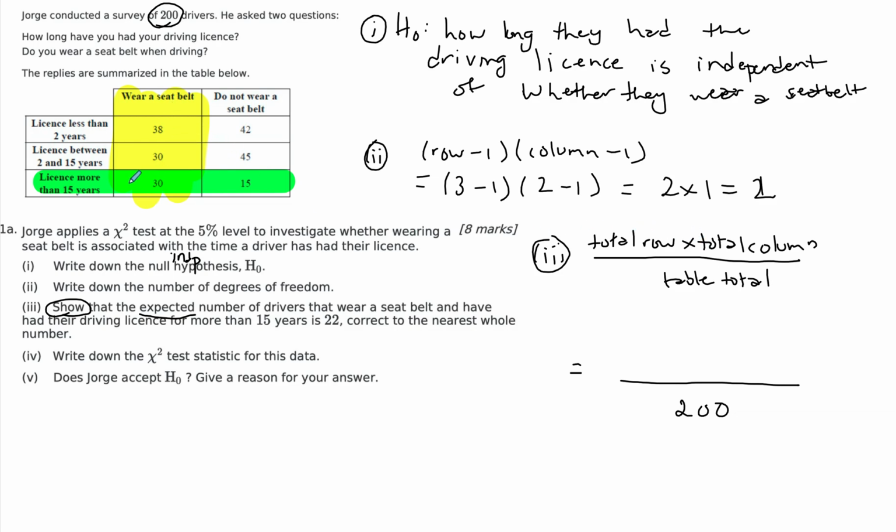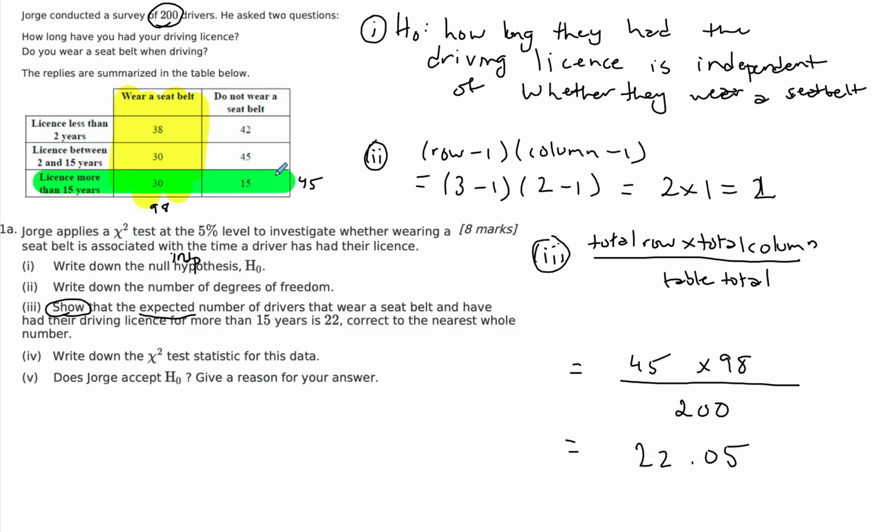So the total for the row is 30 plus 15, which is 45. And then the total for the column is me adding up all of this, which is 98. Sometimes this is already done for you. So 45 times 98, divided by 200. Putting this in the calculator gives you 22.05.